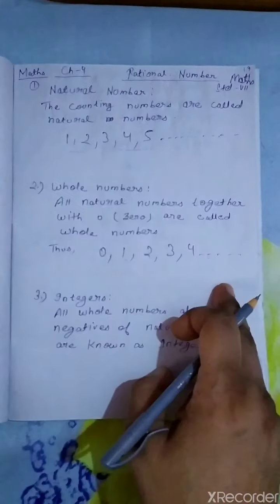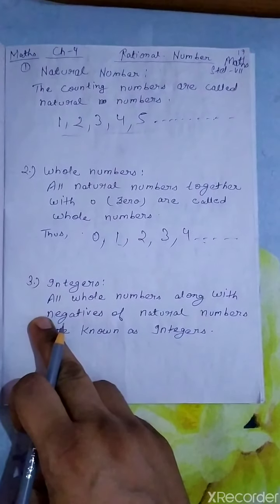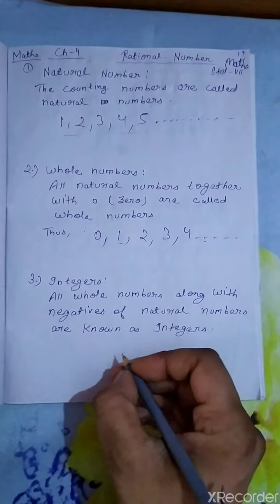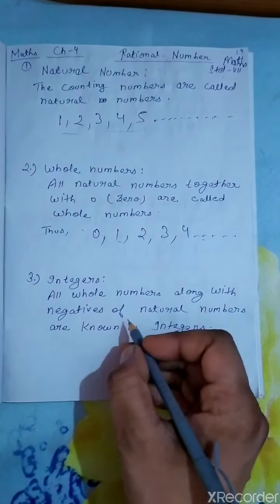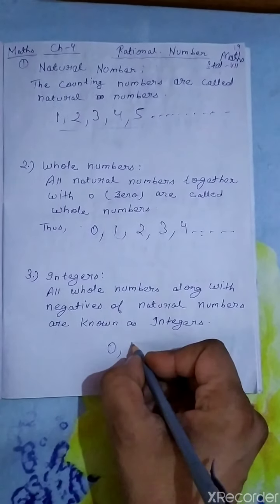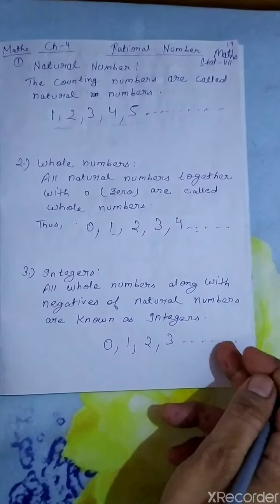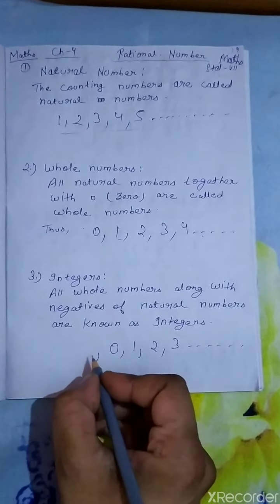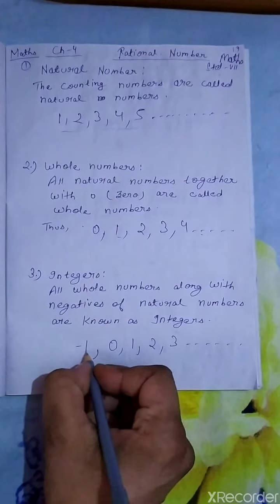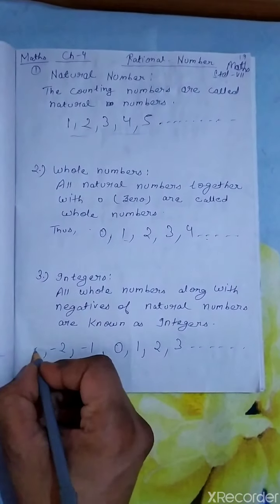Next we have to see the integers. In integers, negative numbers and positive numbers, both are there. That means all whole numbers along with negatives of natural numbers. Whole numbers start from 0, so we can write 0, 1, 2, 3, dot dot dot, going to positive infinity, and on the left side you take the negatives of natural numbers: -1, -2, -3.